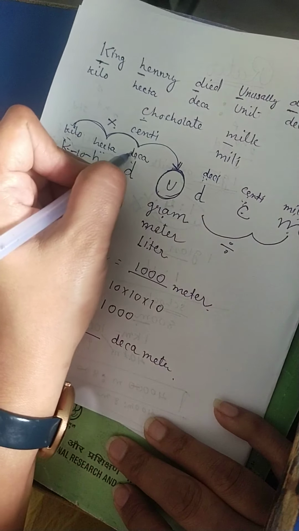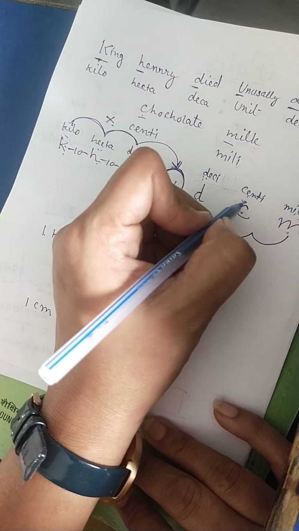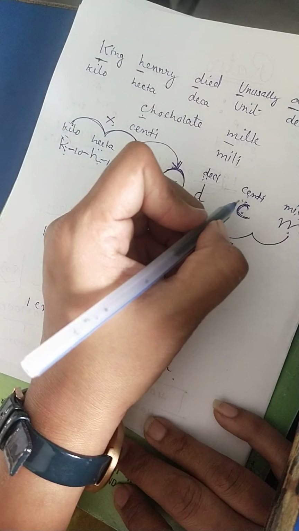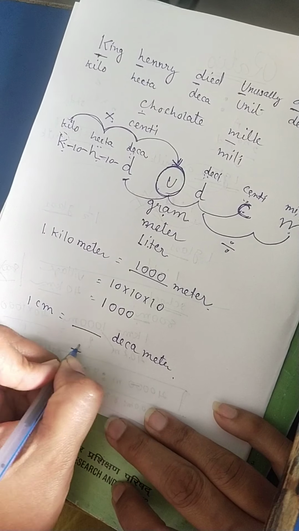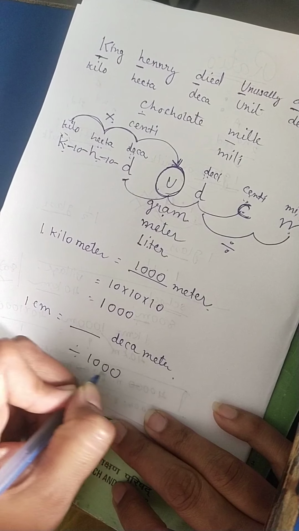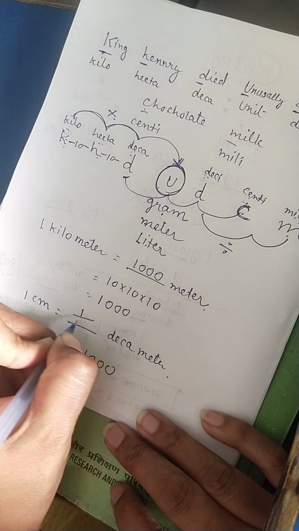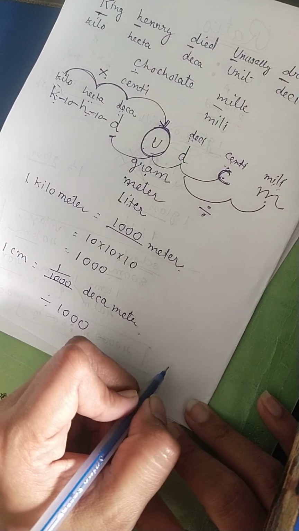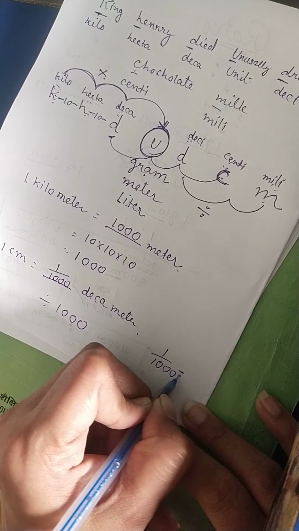So small to big, what do we do? Division. The small number is over here, and we have to reach till deca. So 1, 2 and 3. It means divided by 1000. So over here 1 divided by 1000. And in decimal, if you want to write it, how can we write it? Now you know these things.